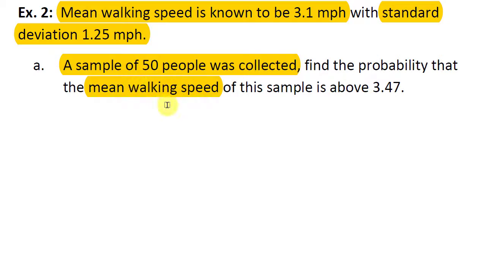What I'm trying to say is that the mean walking speed here is the sample mean that comes out from this sample as described here, and its difference from this mean walking speed here, known to be a population mean walking speed, is that somebody already did the hard work and went through the entire population to come up with this population mean value for us. So these two mean values are completely different.